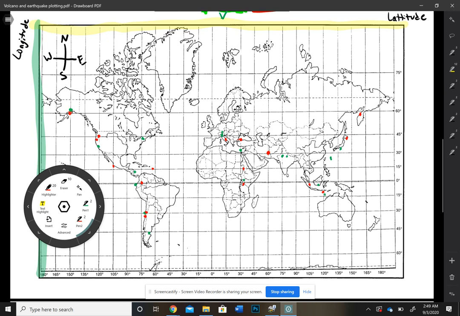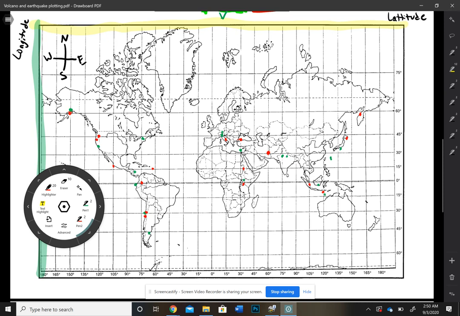All right, we have plotted what we needed to plot. Really doesn't look like we plotted as many things as we did, but we did. All right, so now we go on to our analysis questions.